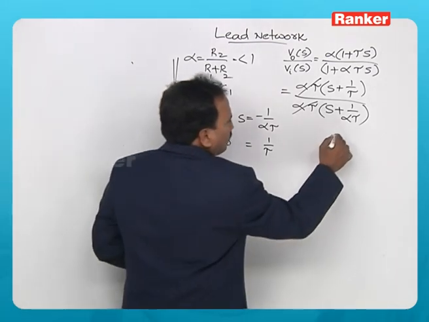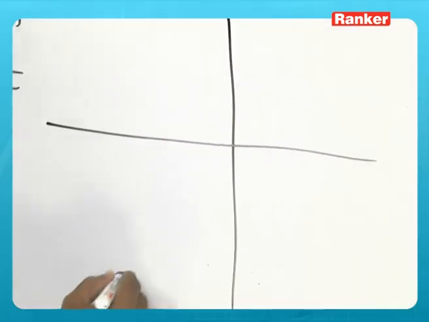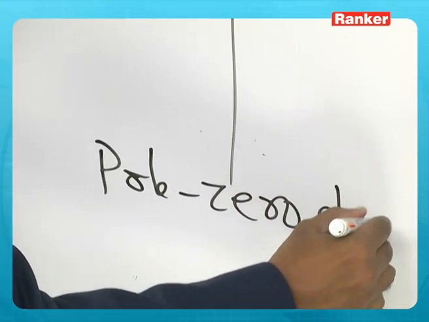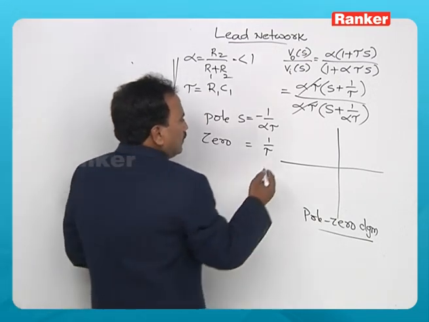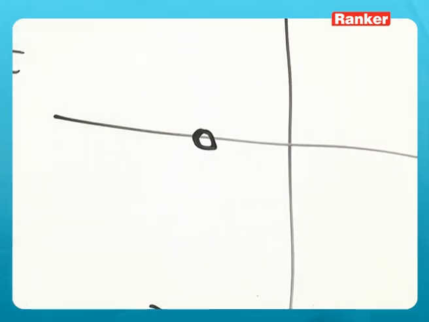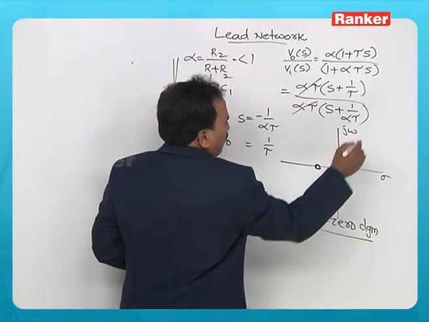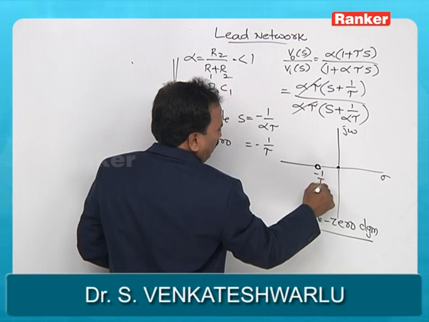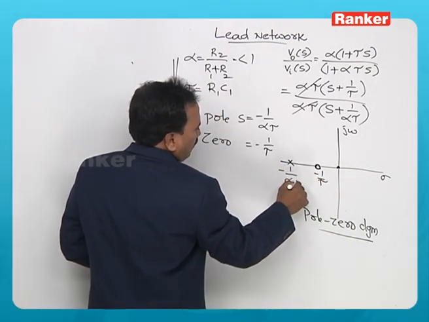Now if you see the pole-zero diagram of the lead network, the zero is closer to the origin, and it is at minus 1 by tau, and the pole is at minus 1 by alpha tau.